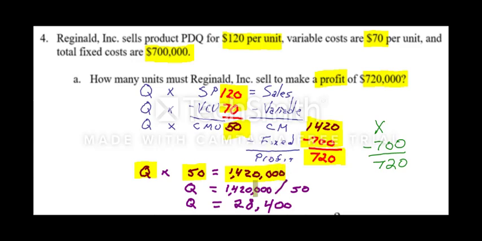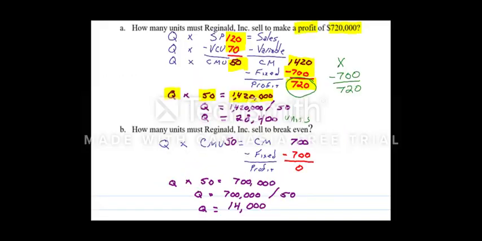Using some algebra, isolate the variable on one side, you end up with 1,420,000 divided by 50. You have to sell 28,400 units in order to have a profit of 720,000.